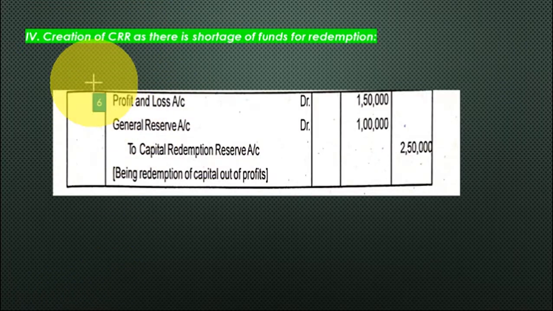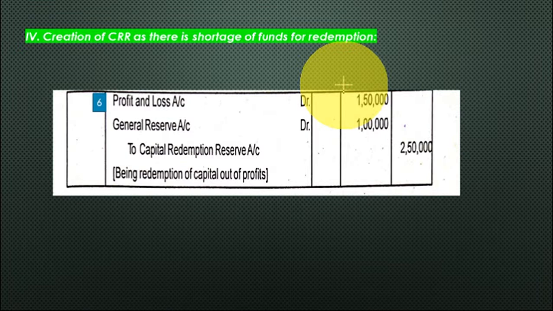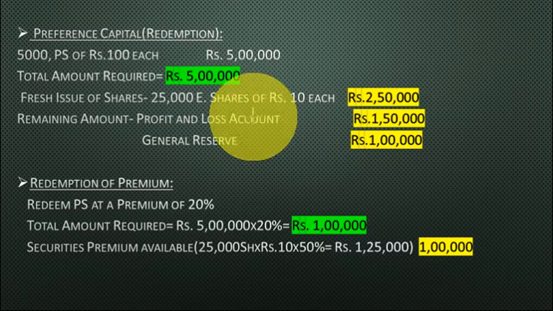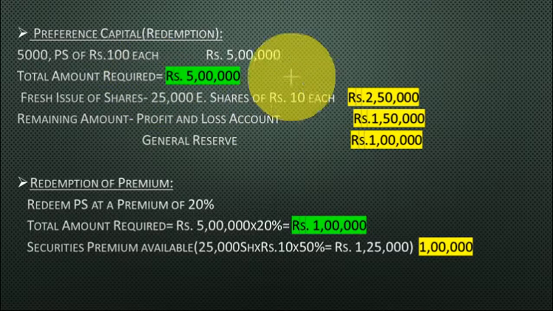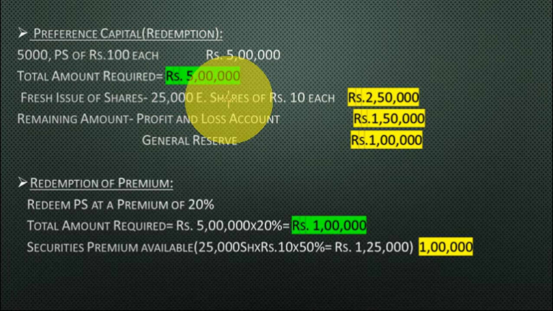Next step. Creation of CRR as there is shortage of funds for the redemption. I told you, if there is sufficient balance, we need not create capital redemption reserve. In the problem, see, we had worked out. Actually, how much do we collect? We want 5 lakh, but we have only 2,50,000 from the fresh issue. So we have a shortage. When we have a shortage, we can use the profit and loss account, right?